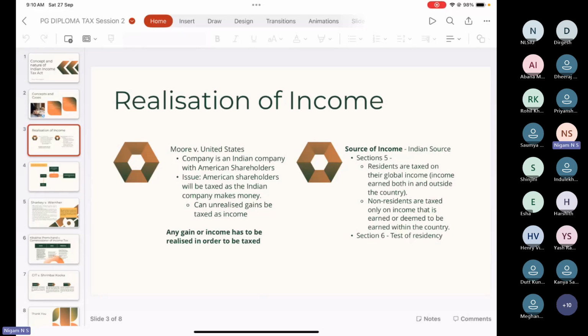In other words, we are not just concerned with income as a static concept, we are concerned with income as a concept where income tax is imposed only when we earn or realize some income. Right? That's the basic idea of the Indian Income Tax Act.